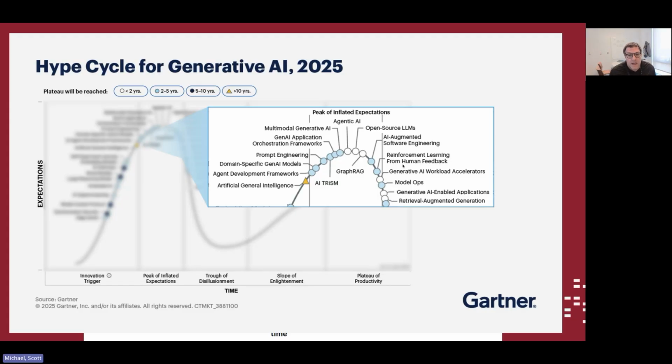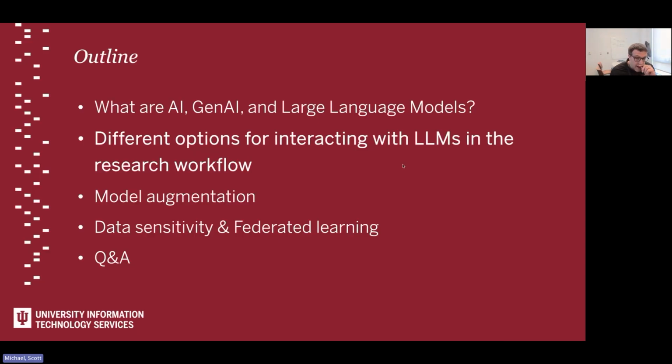So all of this stuff is still relatively new, but the expectation is that it will become standard fare pretty quickly. And so the question then becomes, how to incorporate these things into your research workflow and make the best use out of them, and what are some caveats or things to be aware of as you're doing that.